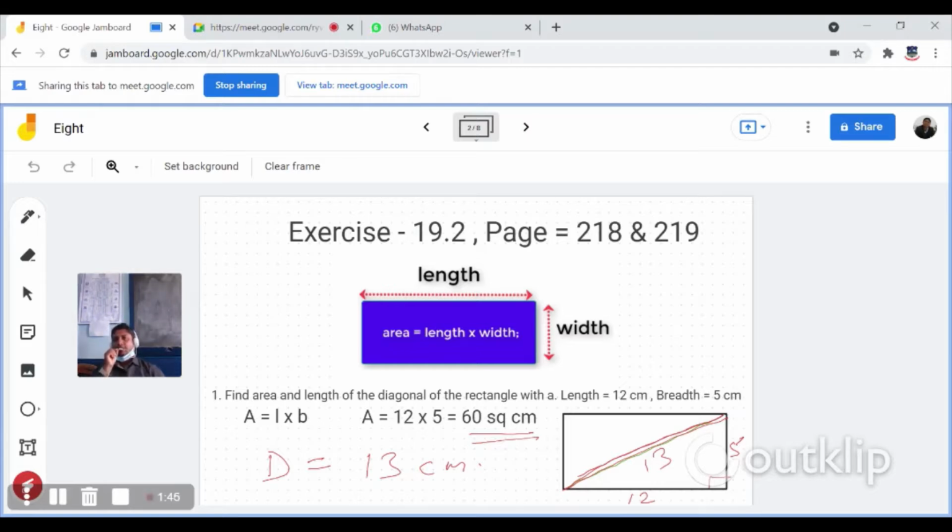Okay, Jigme, are you there? Jigme, please read this question for me loudly. 12 centimeter and breadth 5 centimeter.